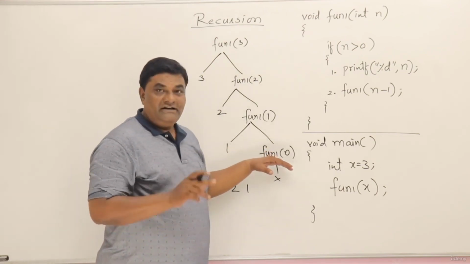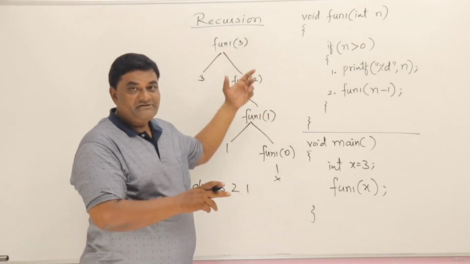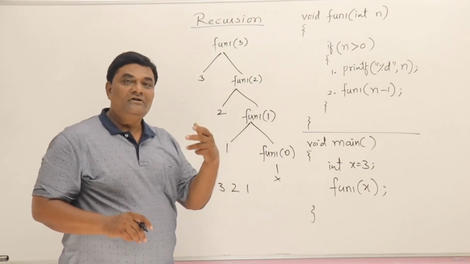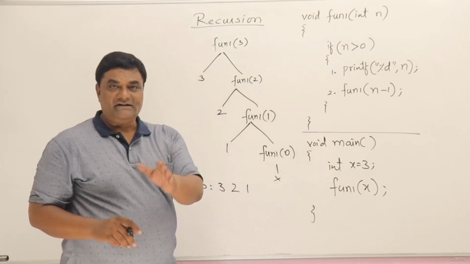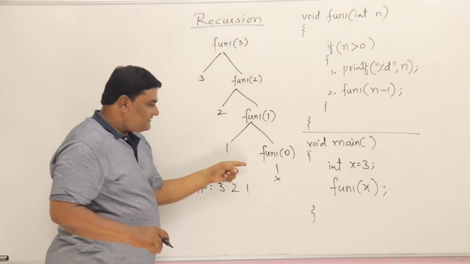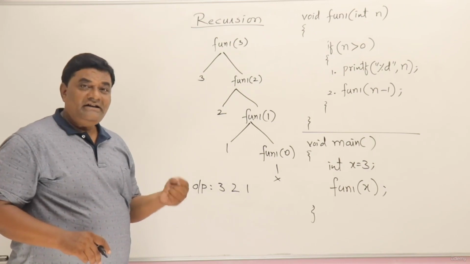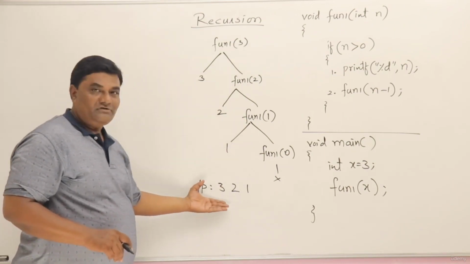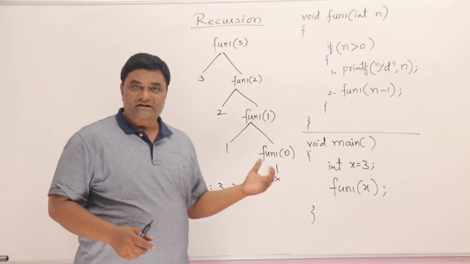So from this call it goes back to the previous call and then the previous call, just the way I have shown you how a function terminates and goes back to the place from where it was called. So this is a tree, and this is called the tracing tree of a recursive function, and this is the output. Now I will take one more example and show you.